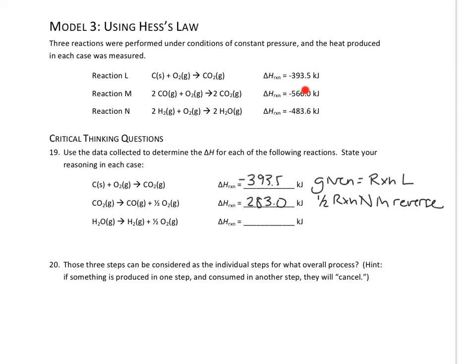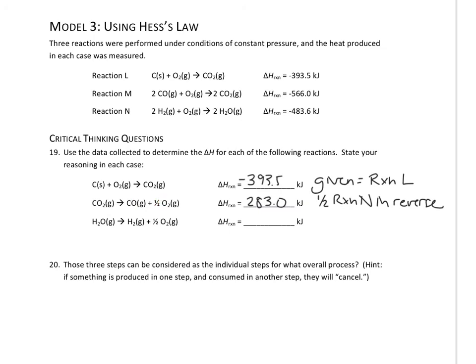And then it's half of this, which is where we get the 283. And the reason it's half is because we're doing that on half the scale. So we're not doing 2 moles of carbon dioxide to 1 mole of O2 and 2 moles of CO. We're doing 1 mole of CO2 to 1 mole of CO, a half a mole of O2.